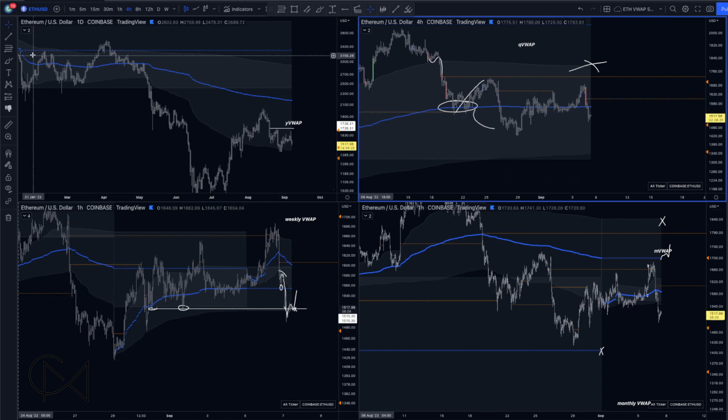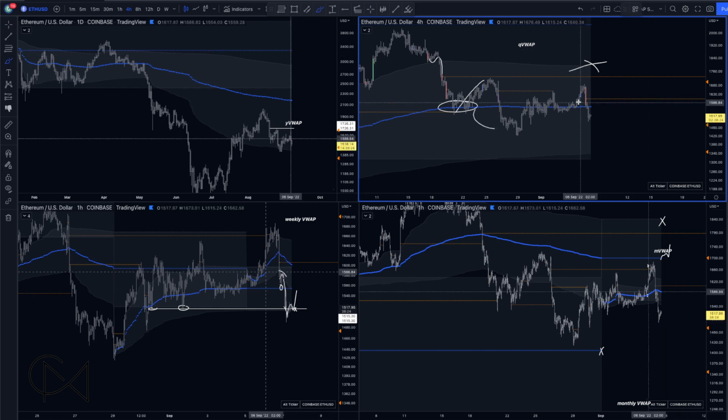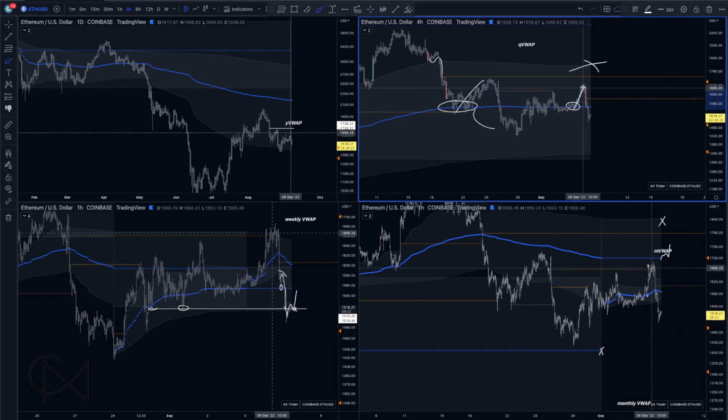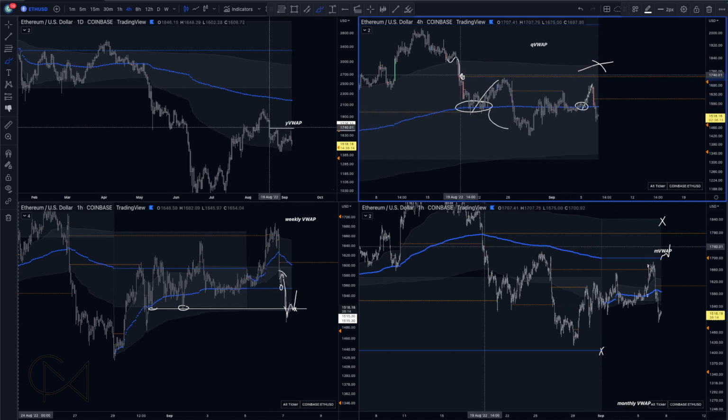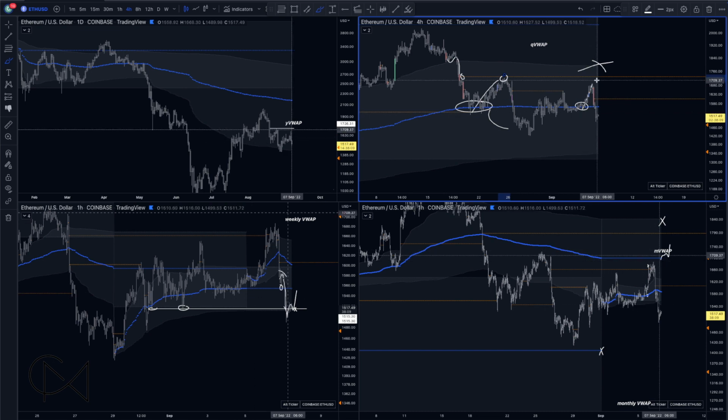As you can see here, nice acceptance, and got this nice push from 1550 to 1680. We didn't quite get the retest of these highs. Everyone has been watching the 1700 level, but still a nice trade.